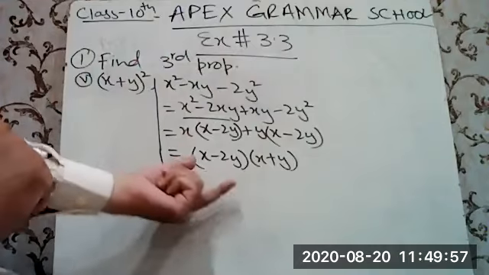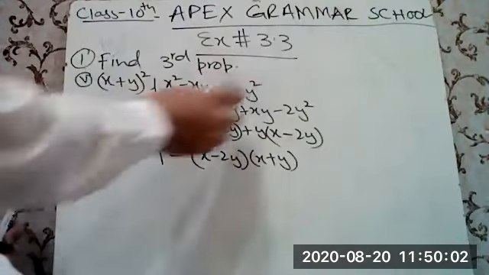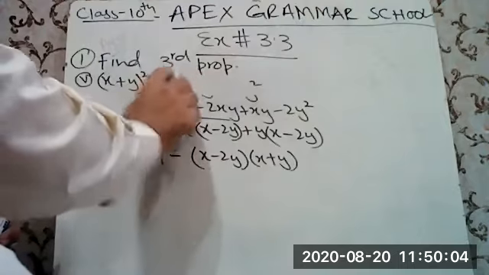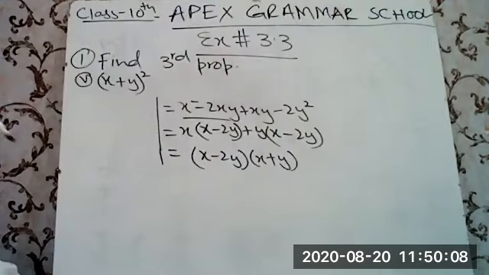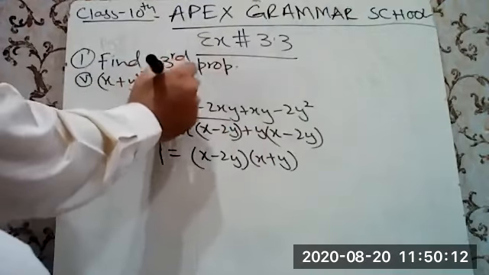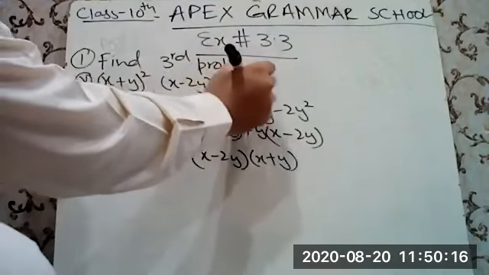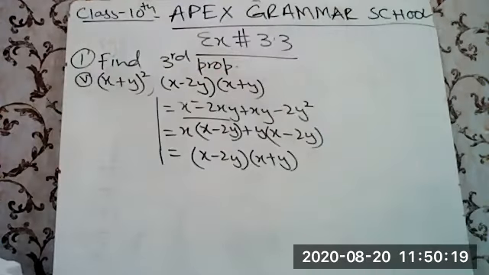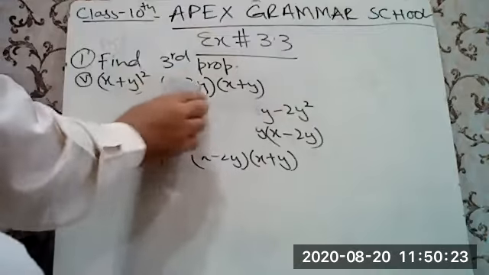So I am writing another step here, that is, instead of writing x square minus xy minus 2y square, I am going to write x minus 2y and x plus y here. Now this will make my question so easy.